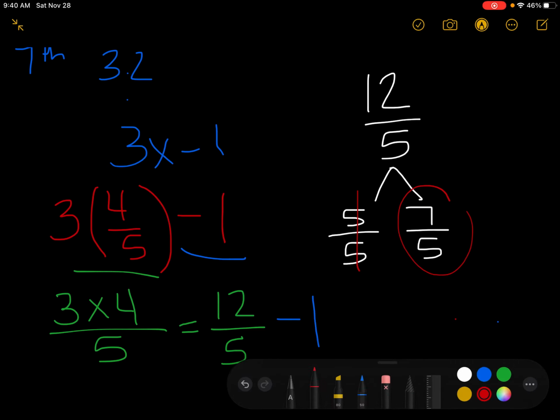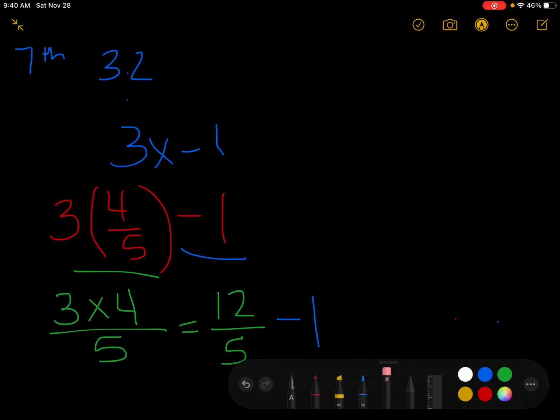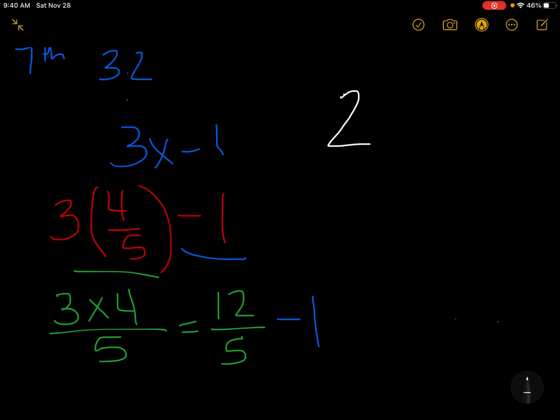fifths. Or another way that we could do that would be to go ahead and change 12 over 5 into a mixed number and then subtract. Pretty similar to what we just did, but realizing that the number of wholes we can take from 12 pieces, if 5 is our denominator, 5 are the number of pieces that fit in each pie, in each pizza, in each candy bar, each fraction tile, then we know that we can pull 2 sets of 5 out.